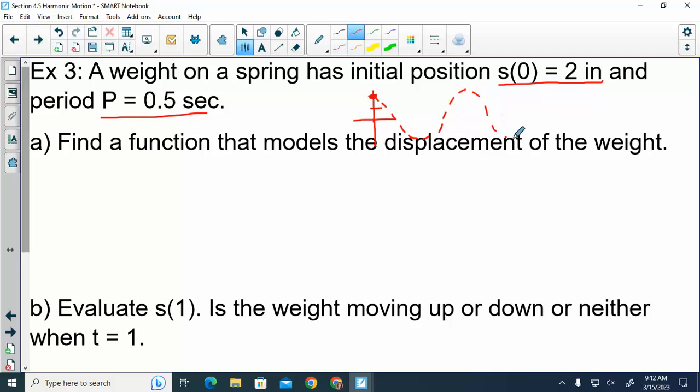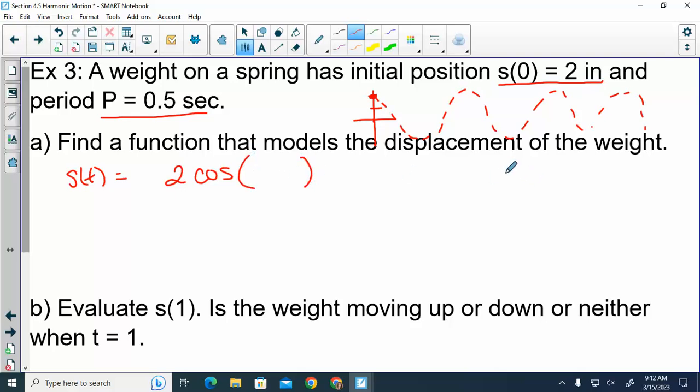This is going to be traveling like this. Okay, so if I want my equation, I know it's a cosine. What is my amplitude? Was this one flipped or anything? No, because we started at the high point. Alright, so now we have to figure out what goes here.